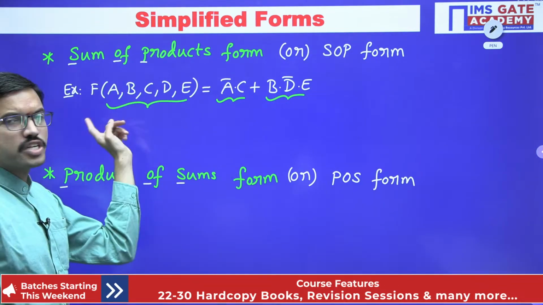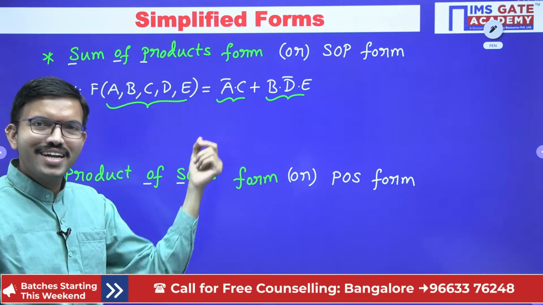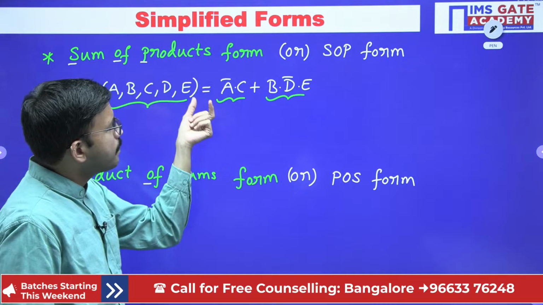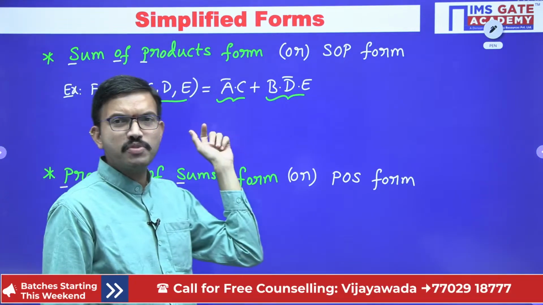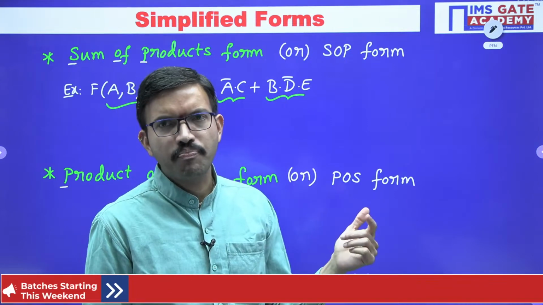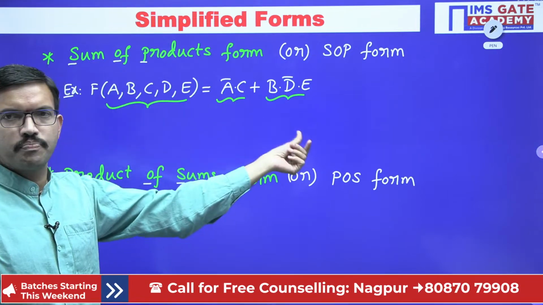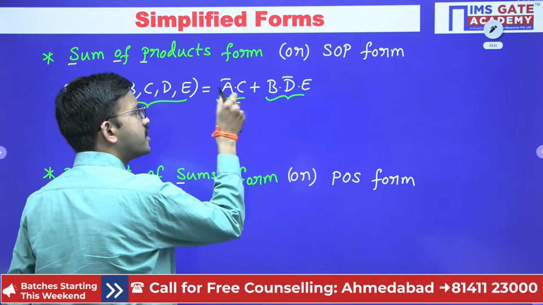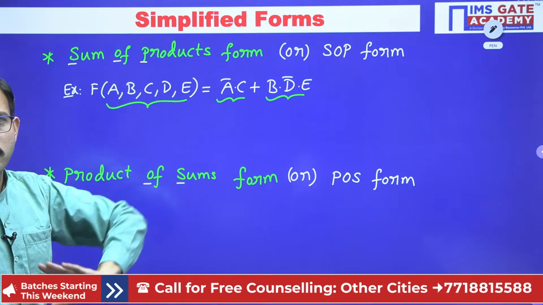Only when the number of literals matches the number of given variables do we call the term a min term. If that condition is not matching, we simply call it a product term. Since we are adding those product terms, that is sum of products form, very simple.